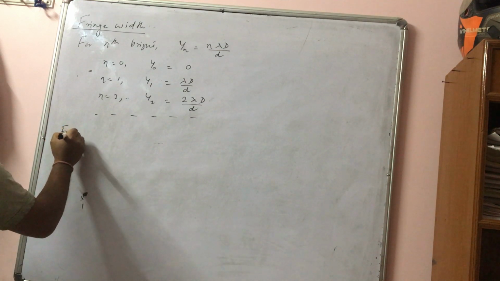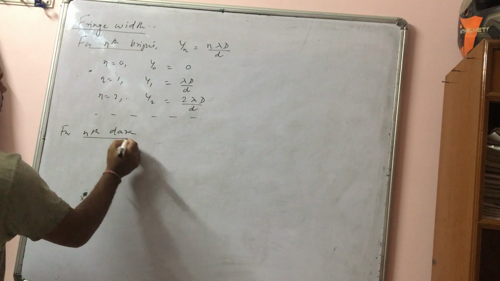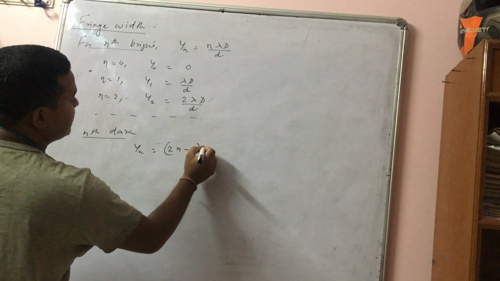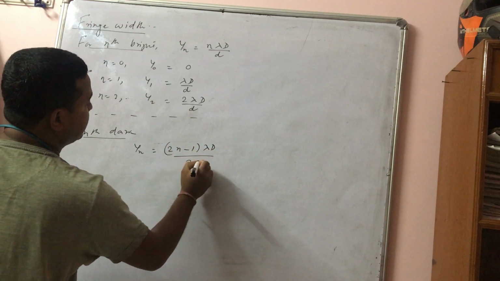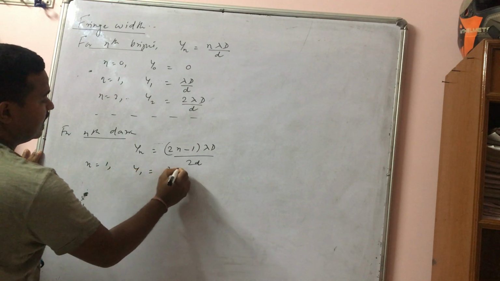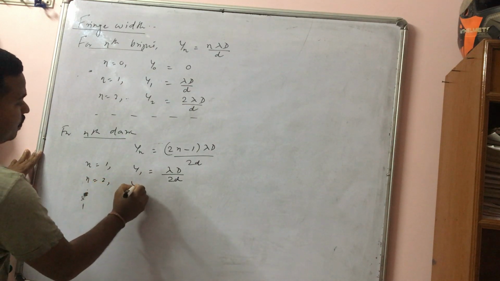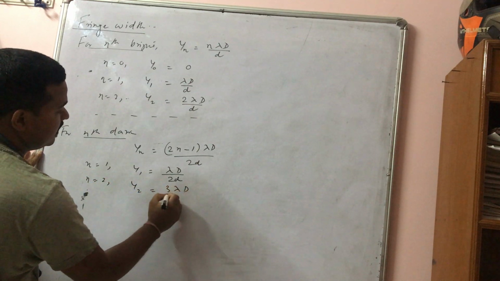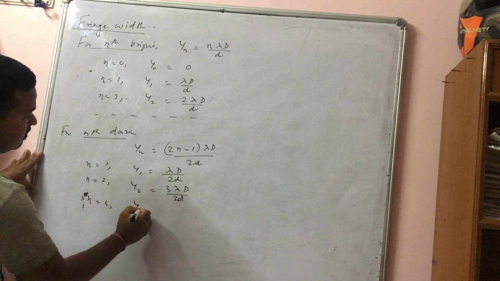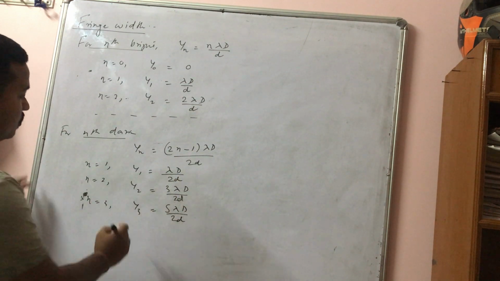Similarly, for the nth dark, the formula is (2n minus 1) lambda D by 2d. So if you put n equal to 1, y1 is lambda D by 2d. n equal to 2, y2 will be 3 lambda D by 2d. n equal to 3, y3 will be 5 lambda D by 2d, and so on.